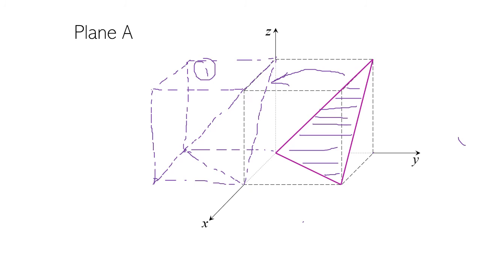Okay. Now we want to find out the intercepts on x, y, and z axis. So first is x-intercept. Now this plane intersects x-axis at this point, y-axis on the negative side at this point, and z-axis here.